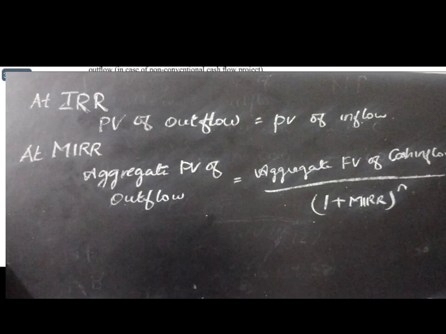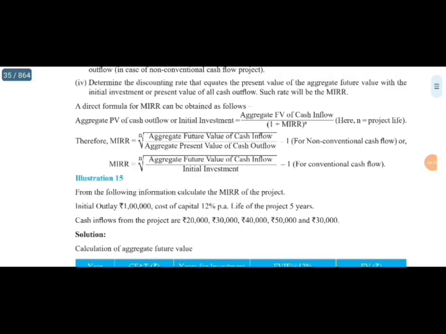The same procedure is given, whereas one difference is here: on the left hand side present value of cash outflow or initial investment, whereas on the right hand side they have considered aggregate future value of cash inflows, divided by 1 plus MIRR power of n.